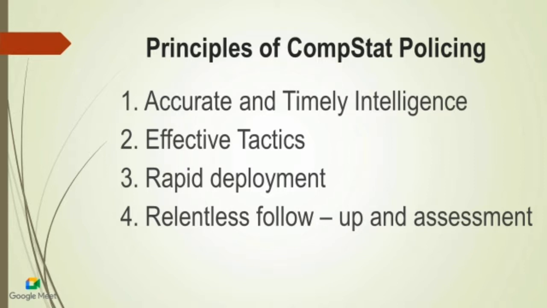So with the prior information, you could minimize the damage that could have possibly happened. With these tactics, we could deploy the police officers in a very timely manner. No? Because we know what we are waiting for, and we know what are the possible problems that will exist in a given time. Kung ganun ka prepared. No?